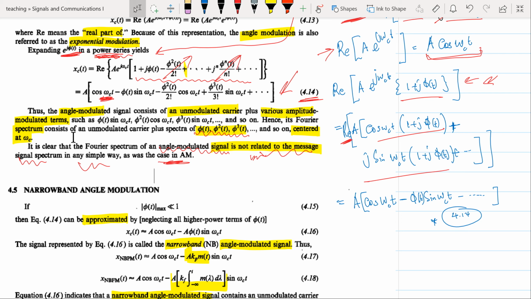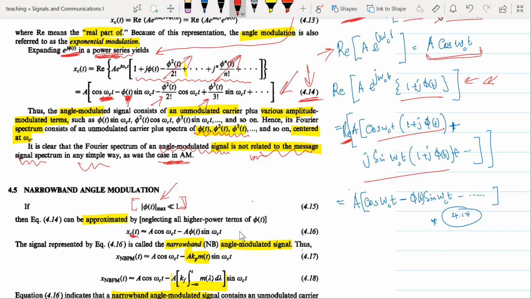Now, from equation 4.14 that we have just derived right here, we can make an important discovery: if the maximum value of phi of t, the phase change, is far much less than 1, then we end up with the important realization that we can ignore these higher power terms, and we end up with the modulated wave x of t being approximately equal to A cos omega c t minus A phi of t sin omega c t.